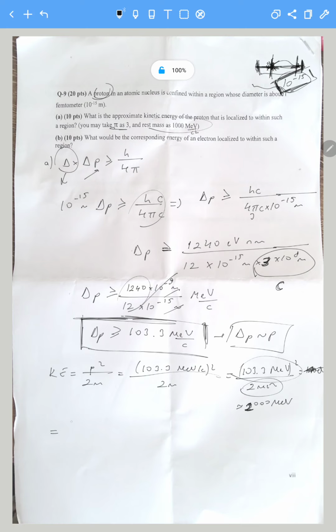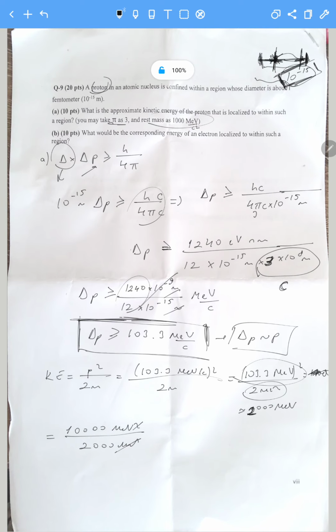Okay, 10,000 mega electron volts squared over 2000 mega electron volt. The mega electron volts just cancel together, and yeah, this is 5 mega electron volts. This 5 mega electron volts is the kinetic energy of the photon localized within this region.